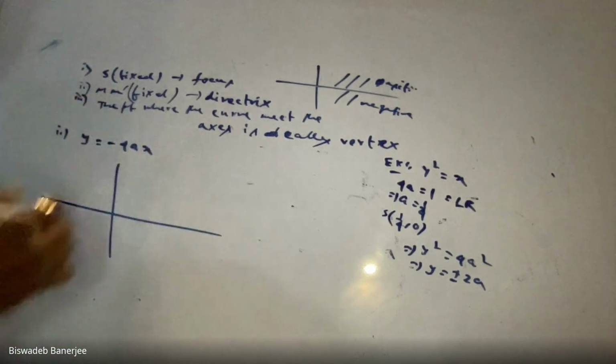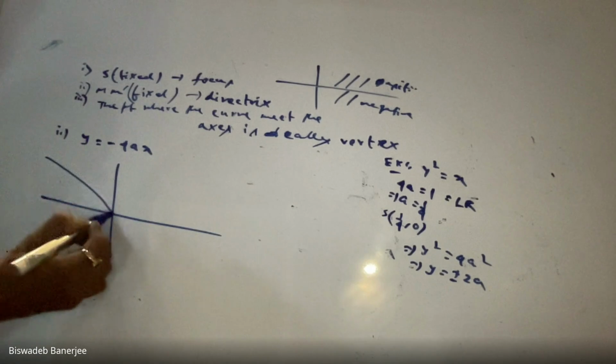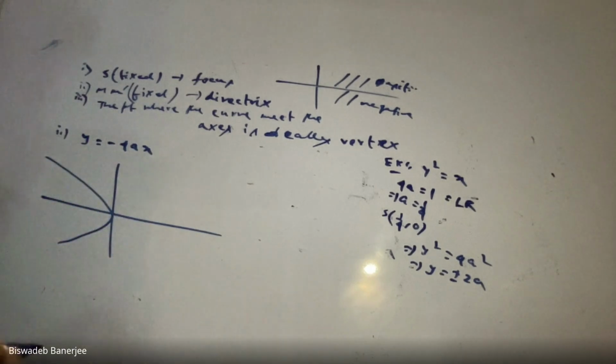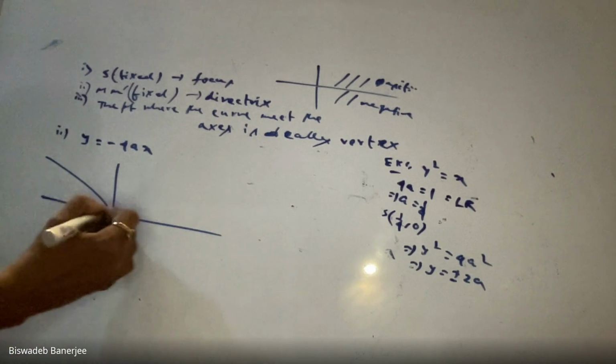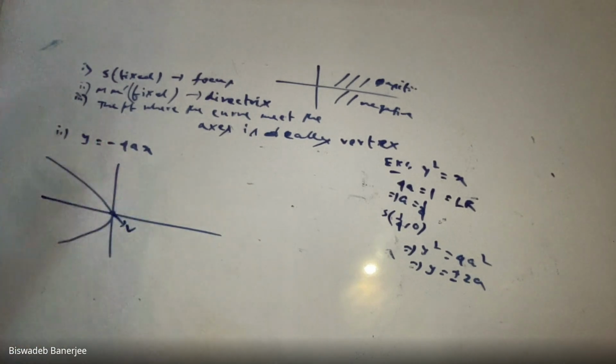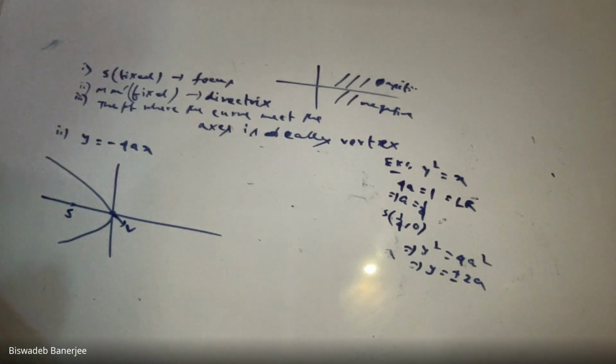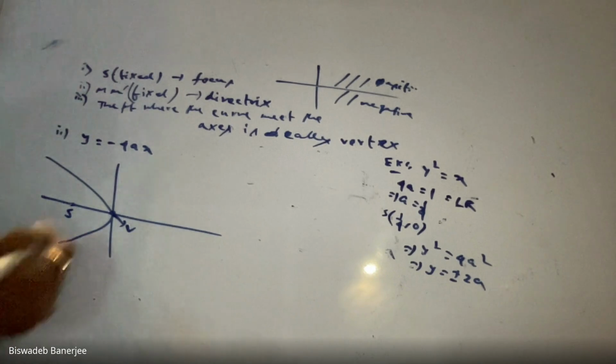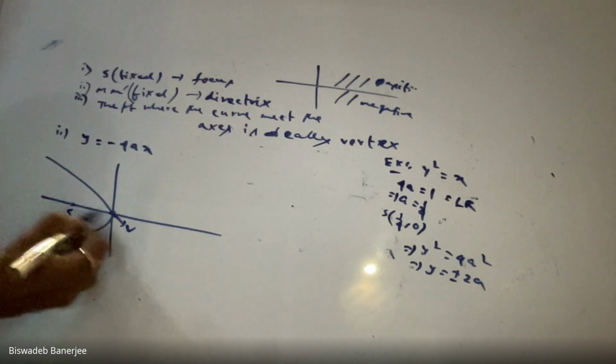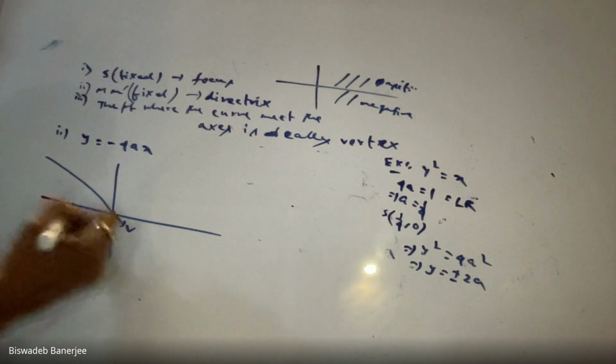Concepts are totally the same. This will be the diagram of the parabola. Yeah, this is my vertex. There is my vertex V. There is my focus. But see that now here my x is negative, so the focus will be minus a comma 0.